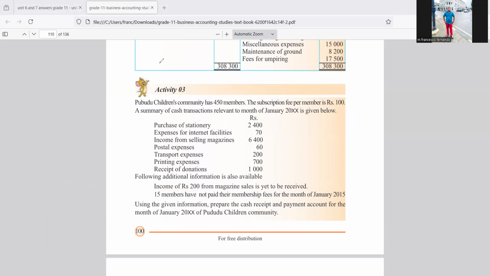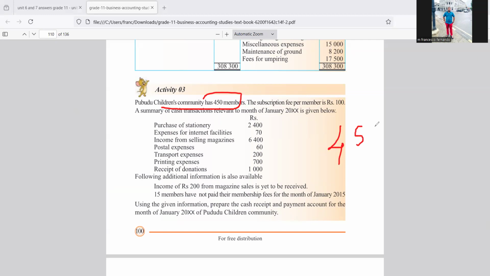It's better to note it down. In a receipt and payment account, the amount paid or received in cash only is recorded, but in an income statement, amount relevant for the year, whether received or not, whether paid or not, should be recorded as per the accrual concept. Now here, there are 450 members.